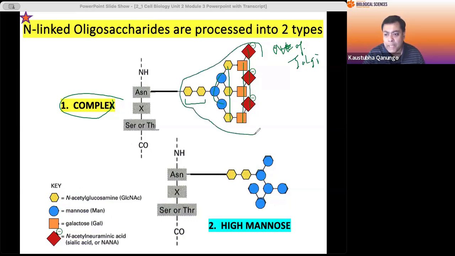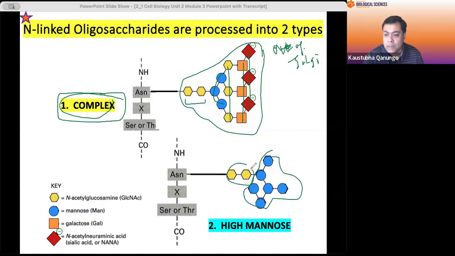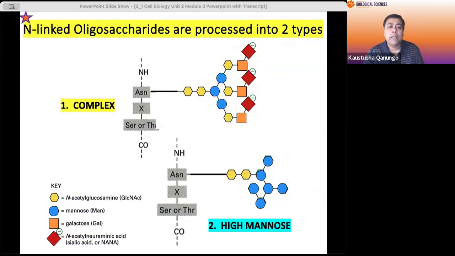So this is complex. You do not have to memorize the numbers and the names of that. Just remember that this is the complex. And the high mannose has a large number of mannose and 2 N-acetylglucosamine, whereas the complex contains an additional N-acetylglucosamine, galactose, as well as sialic acid. But all you have to remember is complex and high mannose. Now, as these proteins are modified into complex or high mannose, we can study how they are trafficked through the Golgi.